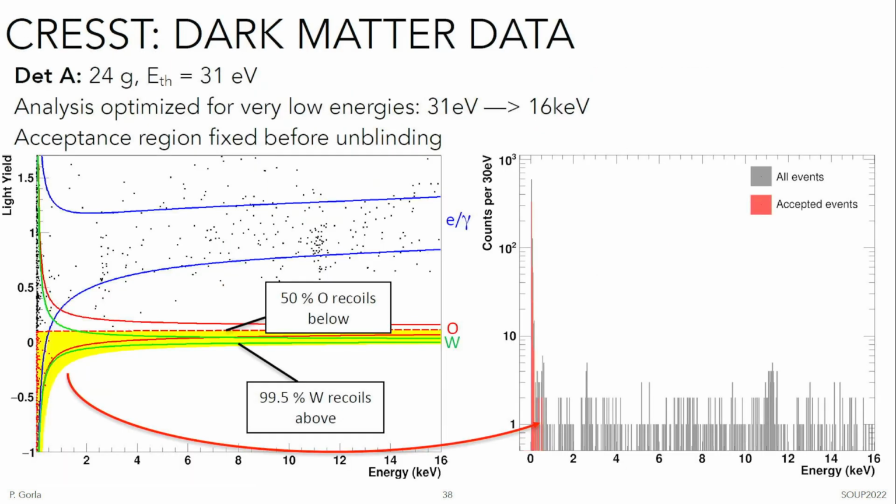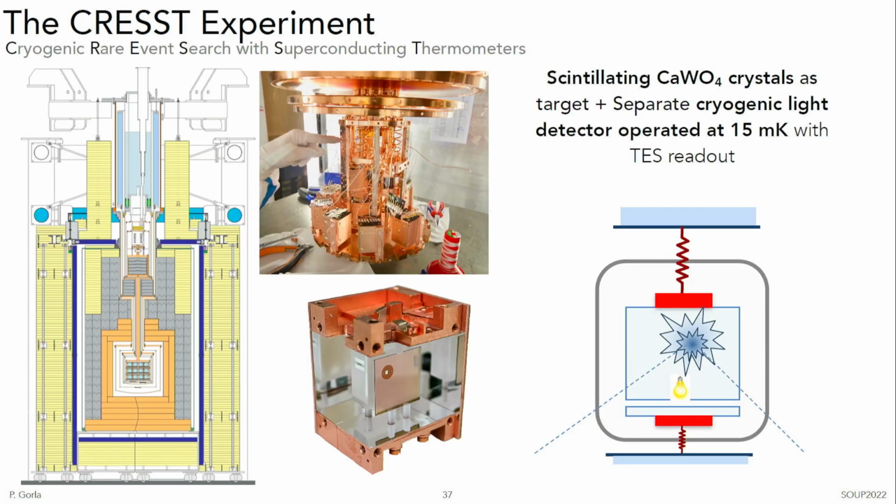And in recent years, CRESST used some 24 gram detectors, so very small if you compare: here is the calcium tungstate detector, 2 by 2 by 1 centimeter, compared to the 5 by 5 by 5 cubic centimeters of the almost 1 kilogram mass Cuore detector.